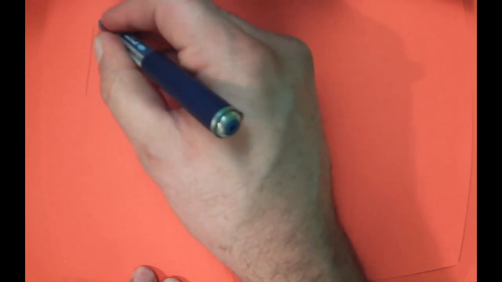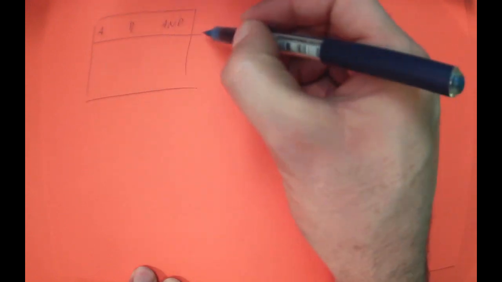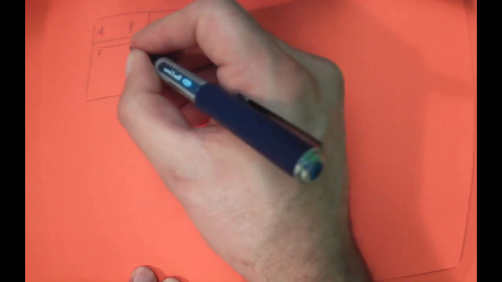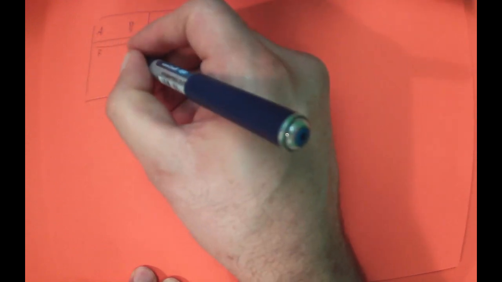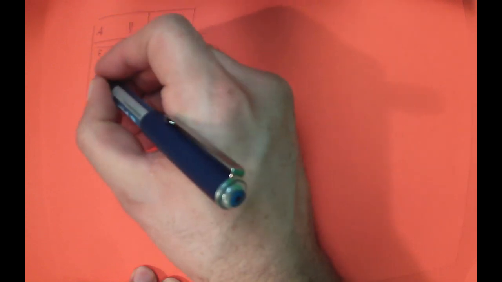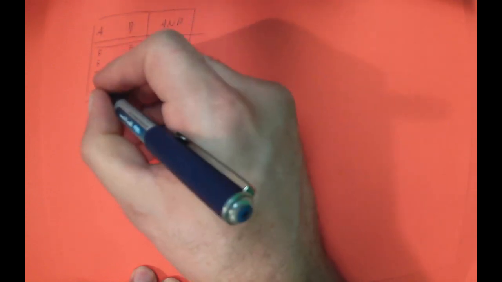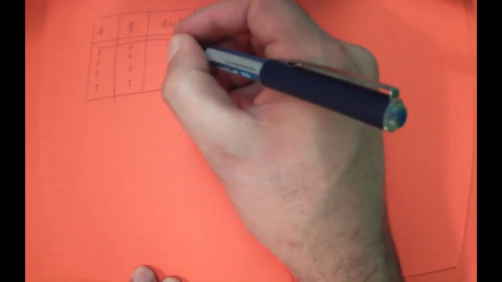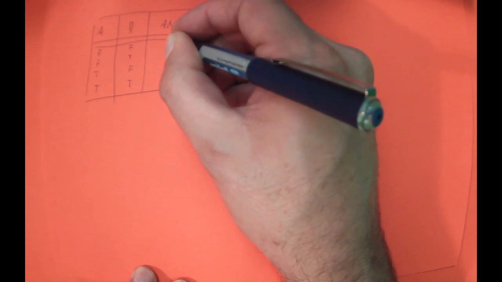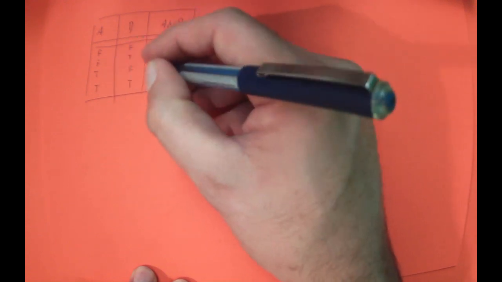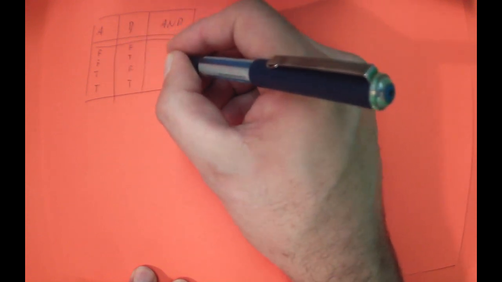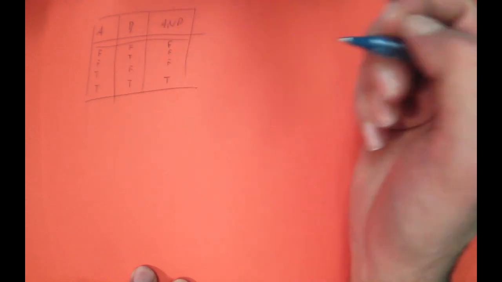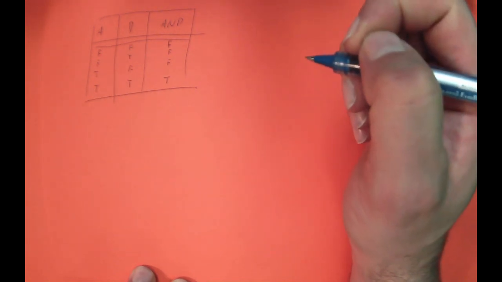And you can have now the different possibilities: both are false, one is true and the other false, or both are true. The and tells us now that if both are false, the and is also false. If one or the other is false, then the and combination is also false. And if both are true, only then the output is true.